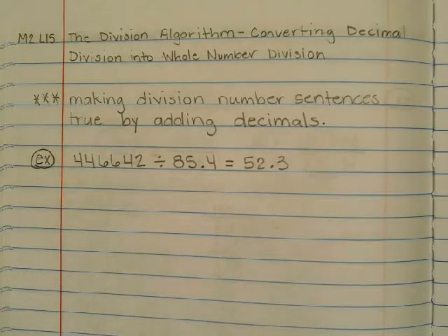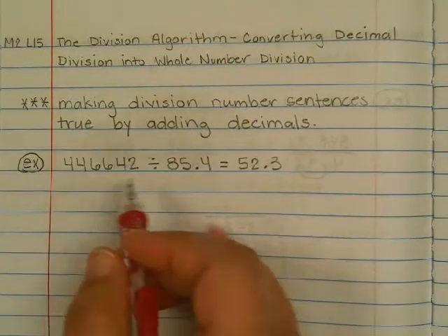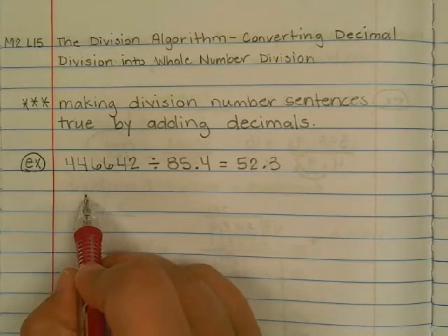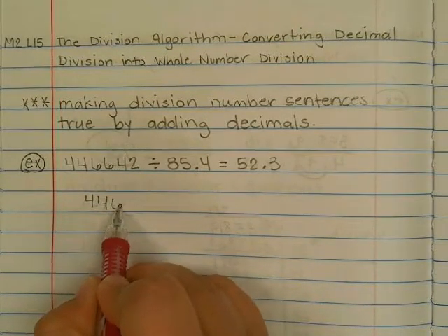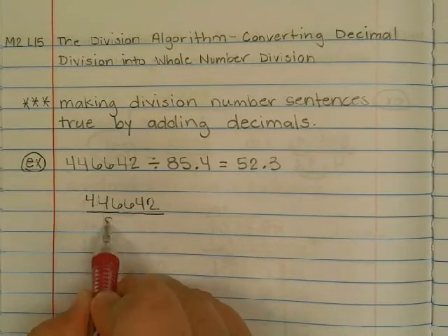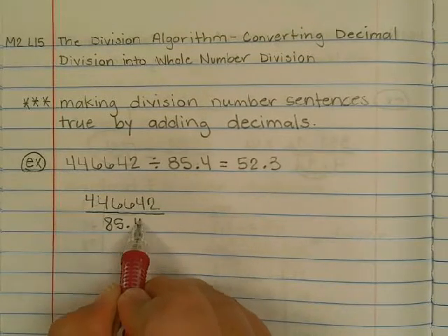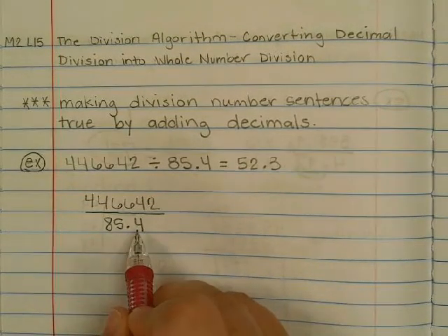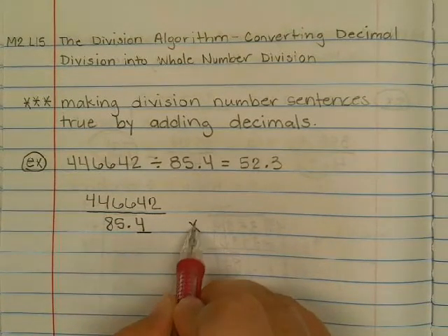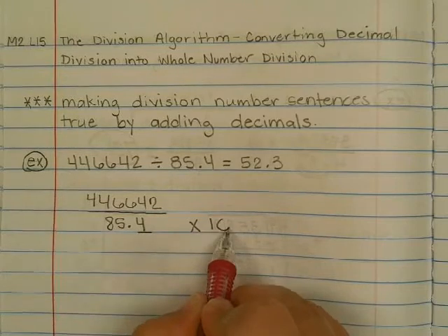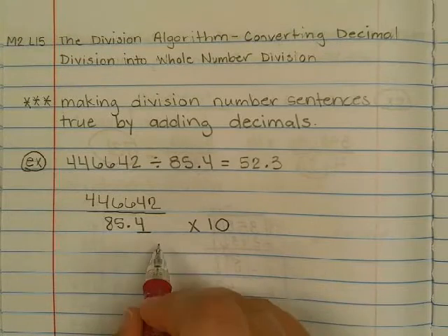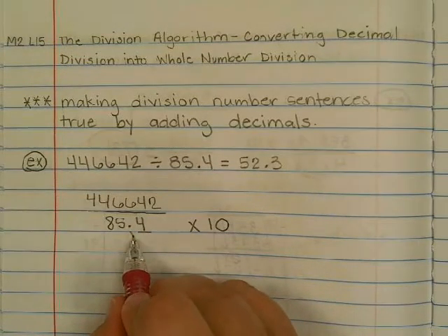So the first thing I have to do is I'm going to set it up the same way I would any other division problem, as a fraction first. Now, because there is one digit after the decimal, typically that means I multiply by 10, both the bottom and the top. I'm not going to do anything to the top right now. I'm just going to move the bottom.